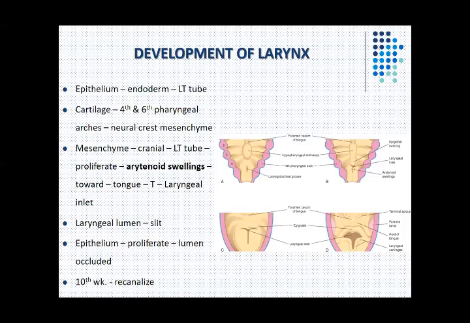और fourth और sixth arch की ये जो mesenchyme है, this mesenchyme comes from neural crest cells.